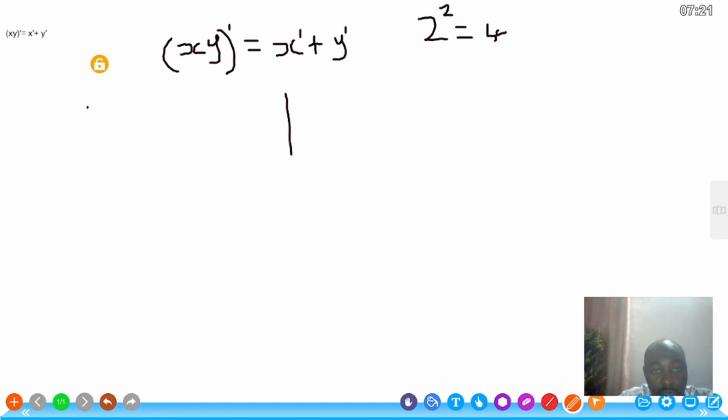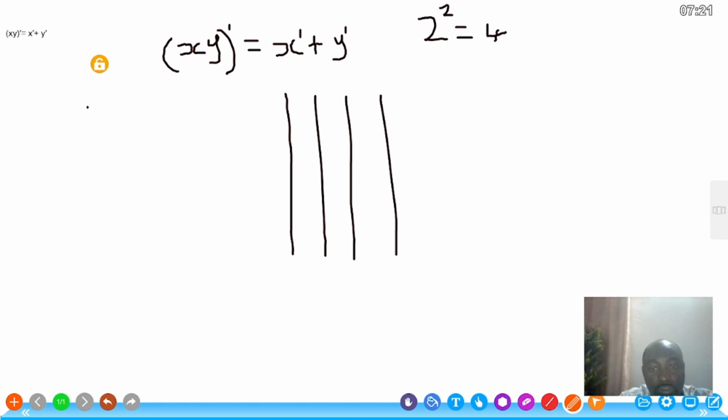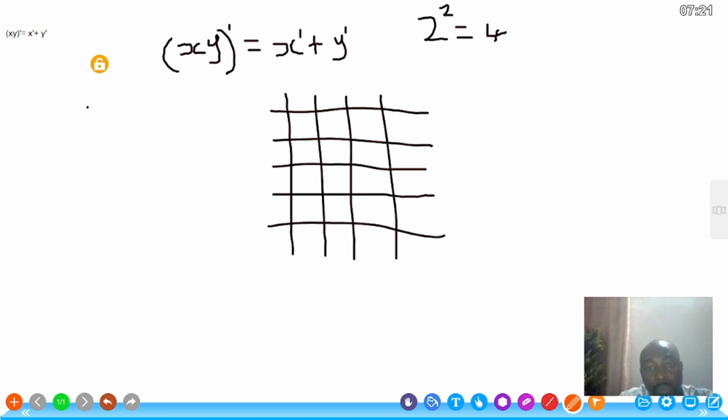Let's construct our truth table for the 2 variables, and then consider the outputs based on the given expressions. So we have 4 columns in this form. From the first one we have x, and then you have y.